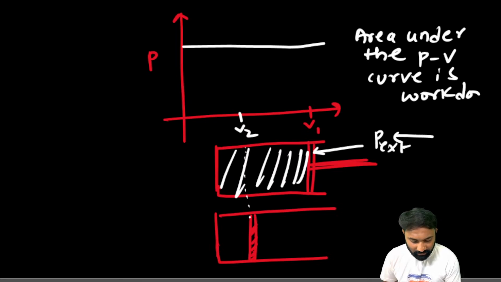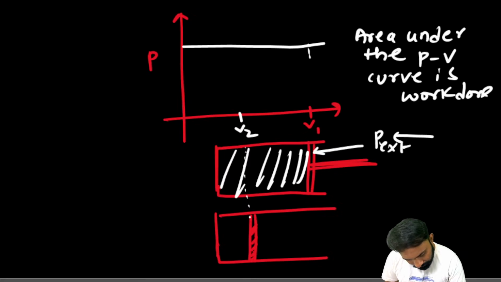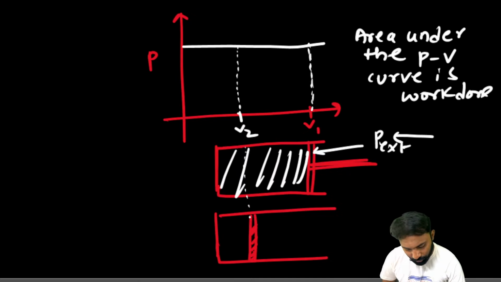Initially our piston or our system has this much volume. After I did the work by applying the external pressure, my system has changed its volume up to here. Now this is the area under the PV curve, right?